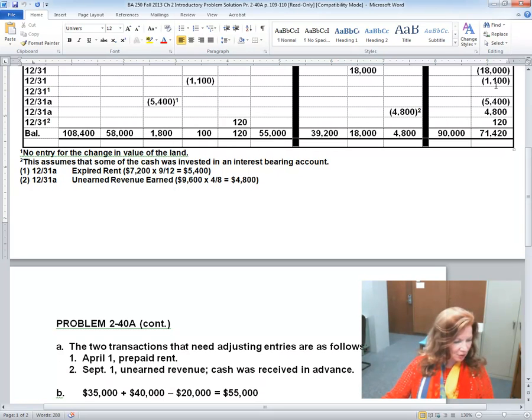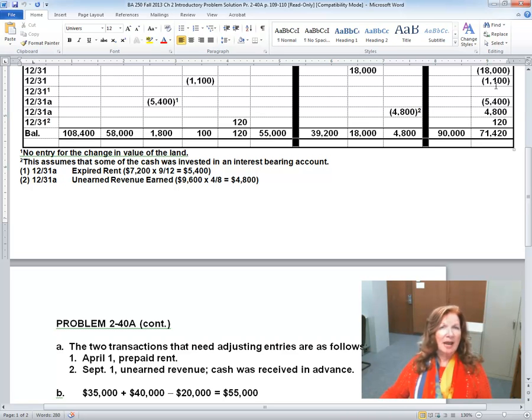The land purchased on July 1 has a market value of $56,000. Well, that's good to know, but there's no entry because we don't change the value until it's realized through an exchange transaction. So while prices may be going up and down, they're not recognized. We do not put them in the balance sheet or in the accounts anywhere because they've not been realized.